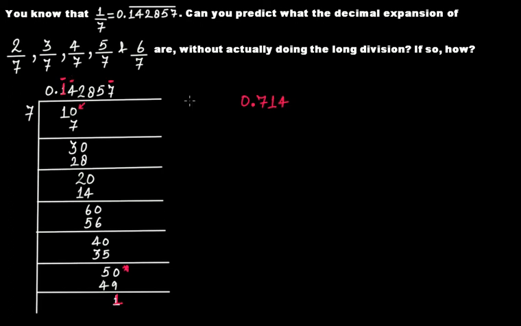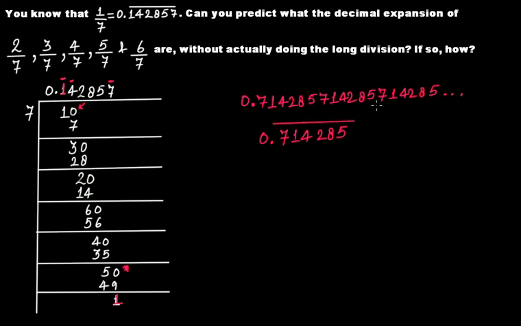So in this case, it is 7 1 4 2 8 5, repeating, and so on. It means that it is 0.714285, and the bar is here, right?